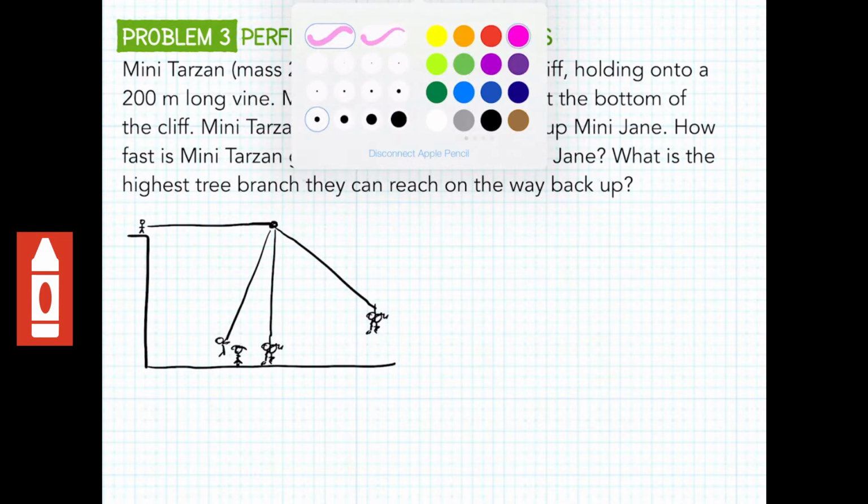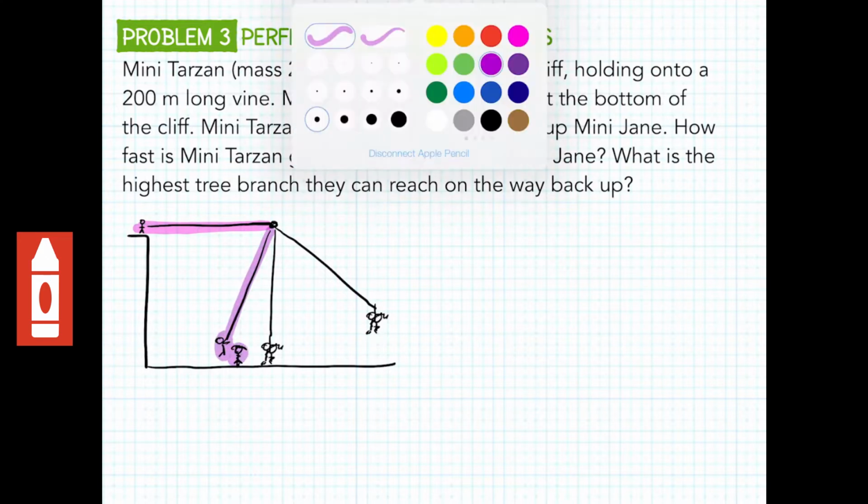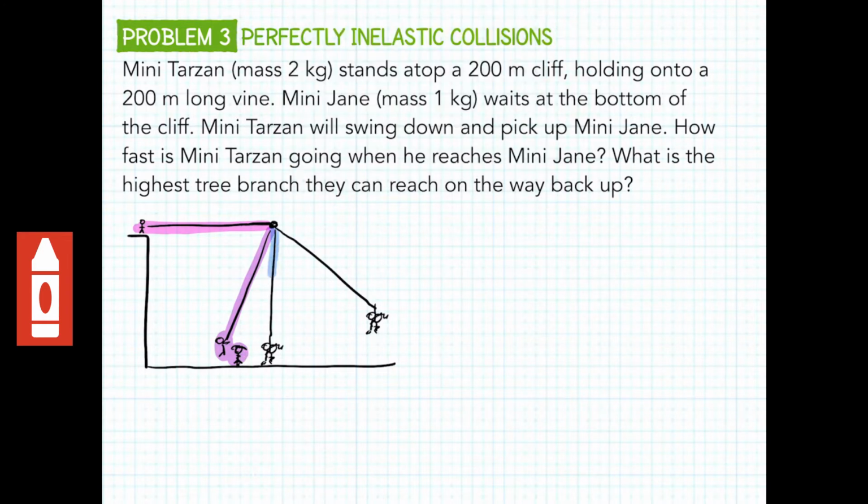So we'll start with I guess pink. So this is this situation. Then we'll go purple. That's part 2. We'll do blue over here. And then green. Okay, so essentially we're breaking down, so there's energy conservation.